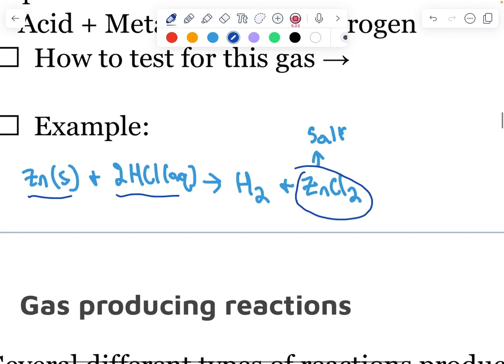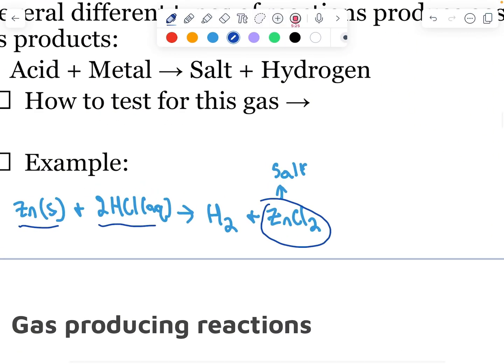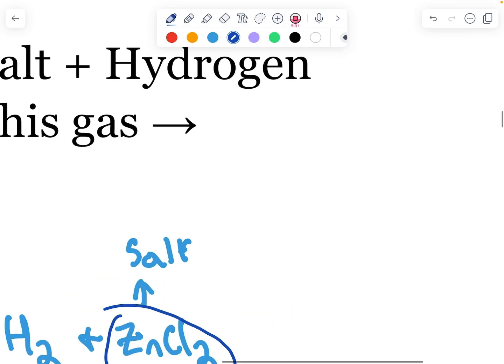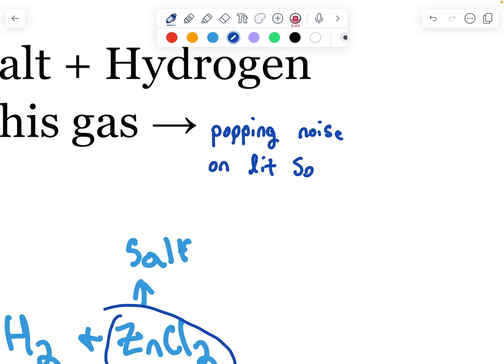And how do we know that this gas is here? Because a lot of these are odorless, colorless gases. We can tell because this will make a popping noise on a lit splint, which just means we lit a piece of wood on fire. So that's our example there for hydrogen.